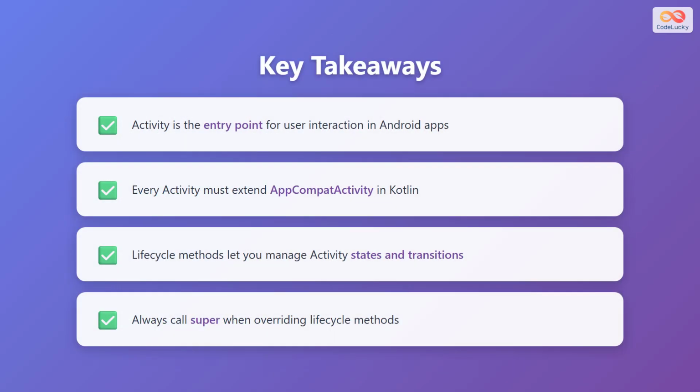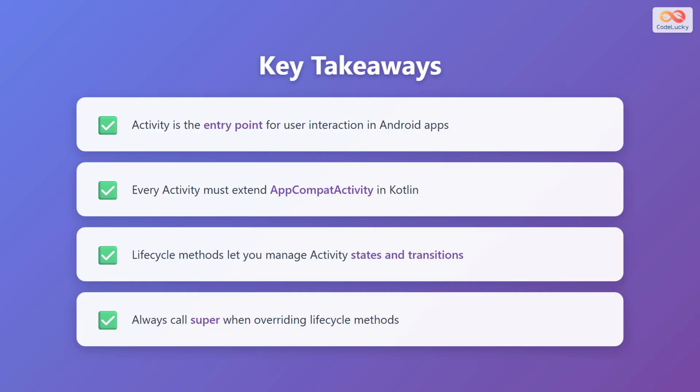Let's recap the key points from this lesson. First, an activity is the entry point for user interaction in Android apps. It represents a single screen that users see and interact with. Second, every activity in Kotlin must extend AppCompatActivity, which provides backward compatibility and modern features. Third, lifecycle methods let you manage activity states and transitions effectively.